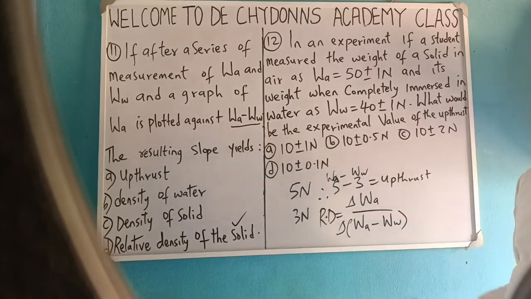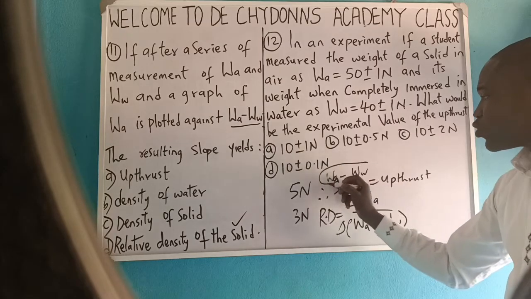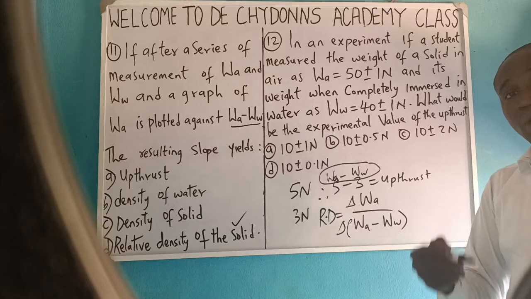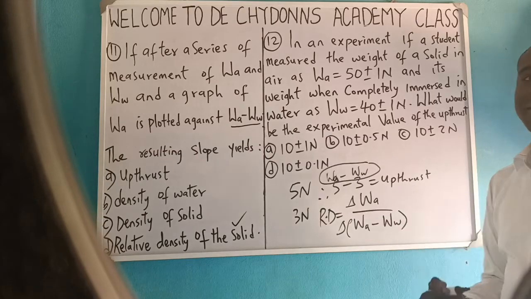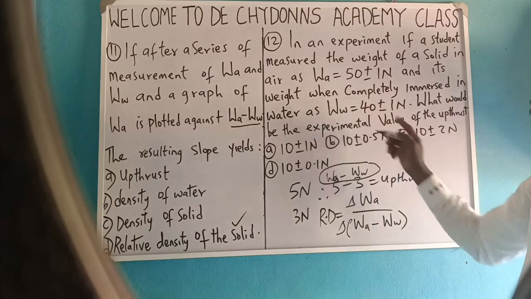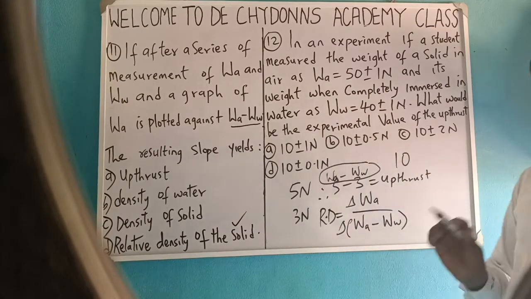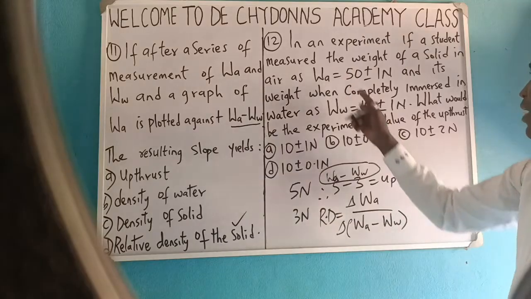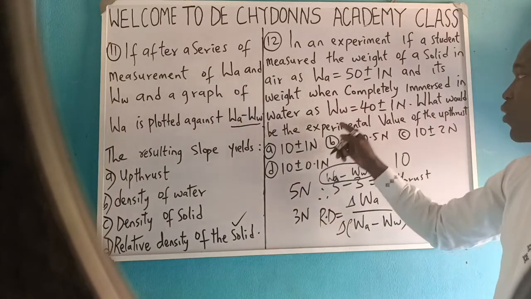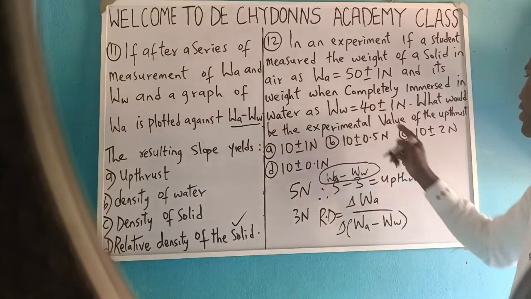That means we are talking about how to get the error in a difference. So we get 50 minus 40, which is 10. To get the upthrust, you subtract the weight in water from the weight in air.